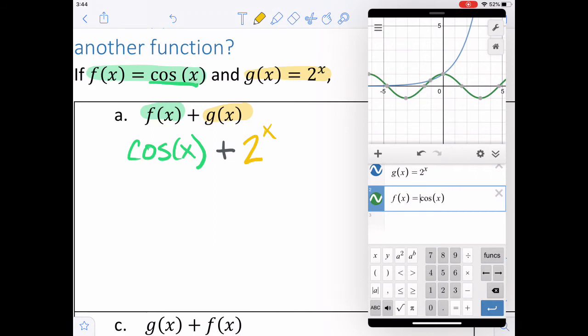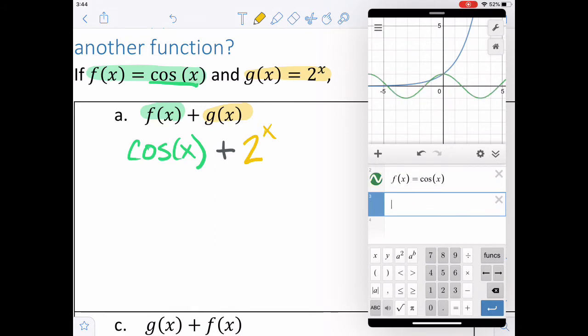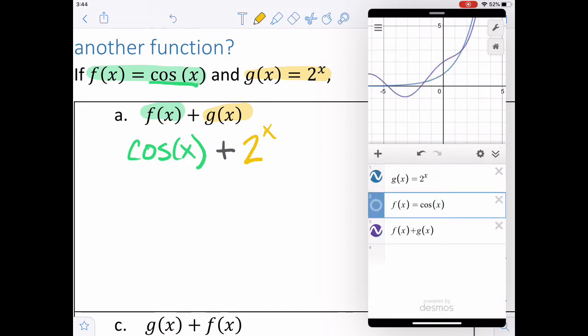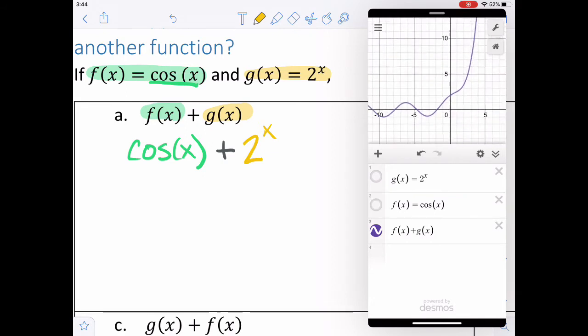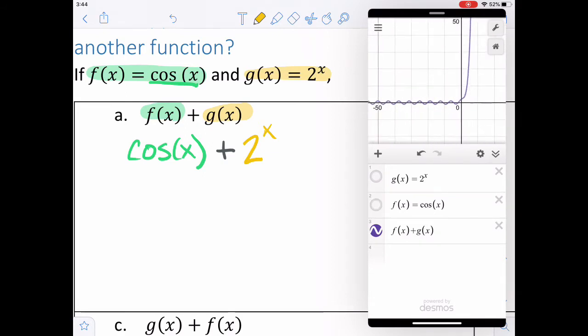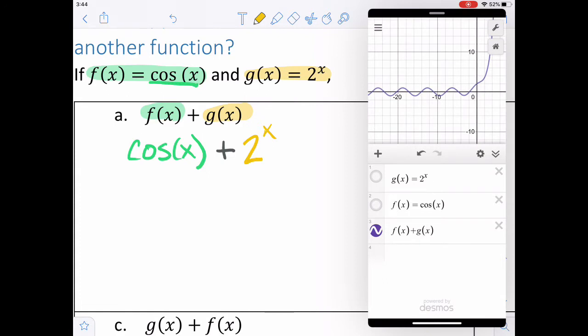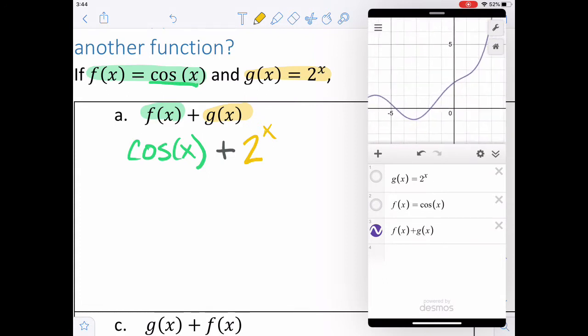And so in Desmos, we can actually just do this as f of x plus g of x. And Desmos is smart enough that it actually knows what we're talking about, and it will do it for us. So we get this weird squiggly exponential graph. Sort of combine their behavior.